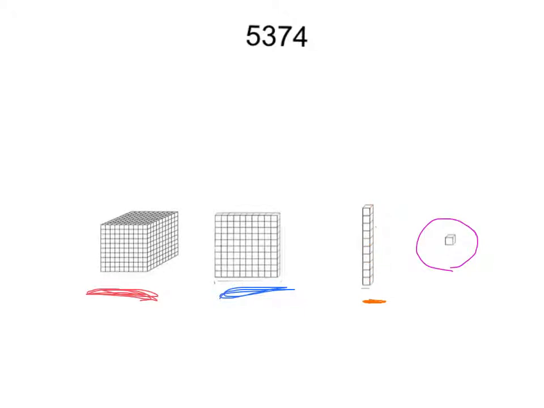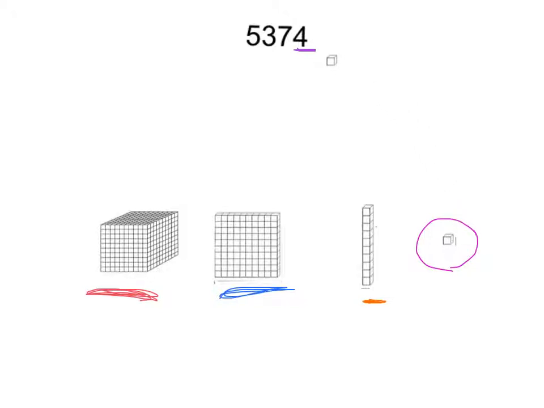Let's start by looking at the ones. What number is in the ones column? 4. Which block represents ones? Can you have a guess? That's right. These blocks over here.